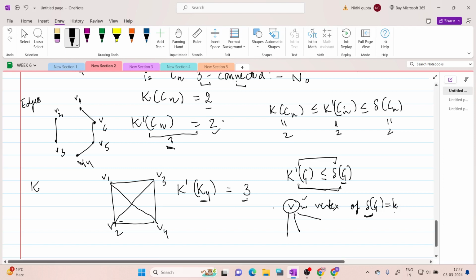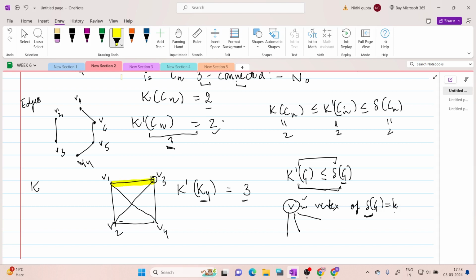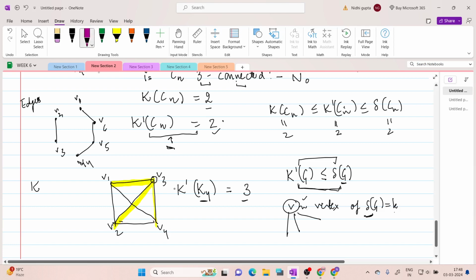Now here the minimum degree is 3. So if I pick any vertex and remove all the edges adjacent to it, these three edges, then my resultant graph is this, which is disconnected. Therefore this is the edge cut.